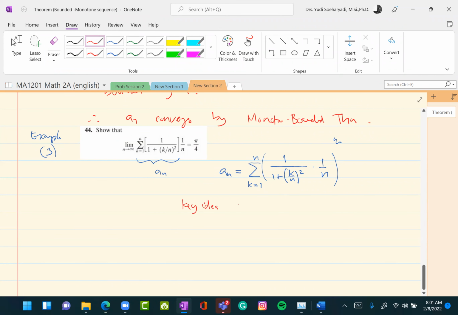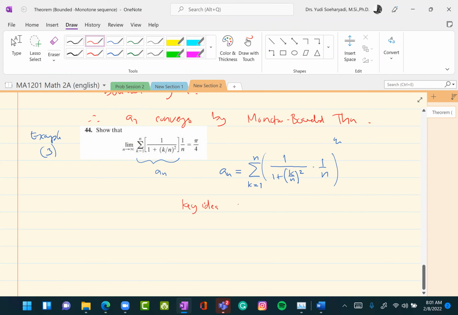All right, so let's see here. Let's rewrite this one. So this must be the function. This is 1 over n. What we would like to have is this is f of x_k, and this is the delta x.